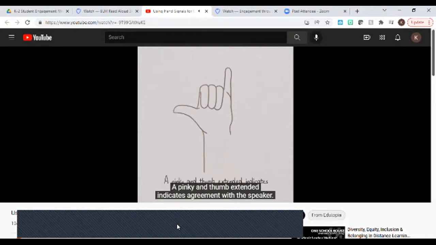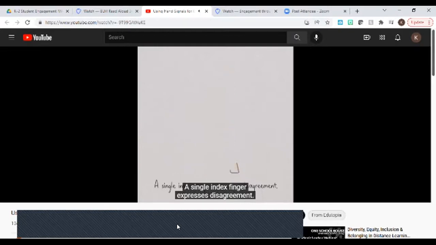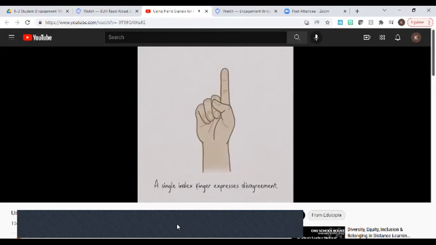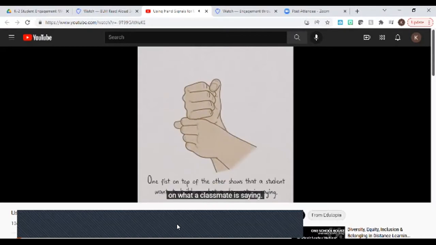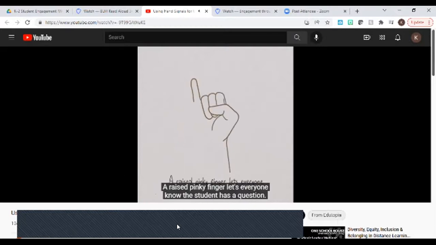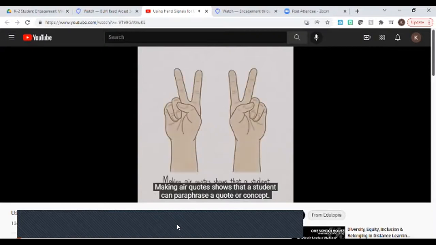A pinky and thumb extended indicates agreement with the speaker. A single index finger expresses disagreement. One fist on top of the other shows that a student wants to build on what a classmate is saying. A raised pinky finger lets everyone know the student has a question. Making air quotes shows that a student can paraphrase a quote or concept.